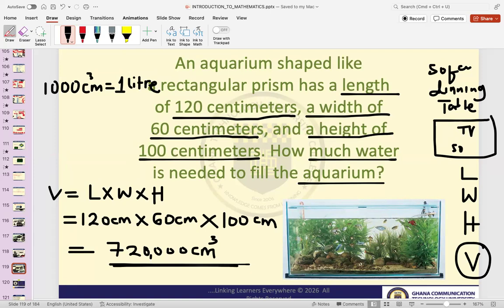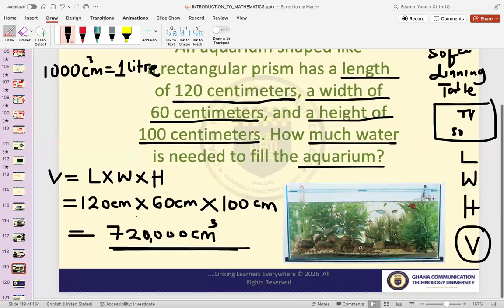So if 1,000 centimeters cube equals 1 liter, then when we want to change this to liters, it's the same as 720 liters. And that is a huge aquarium. Huge aquarium, because 720 liters is not a small amount of water.